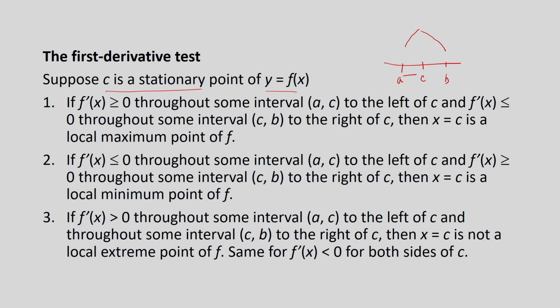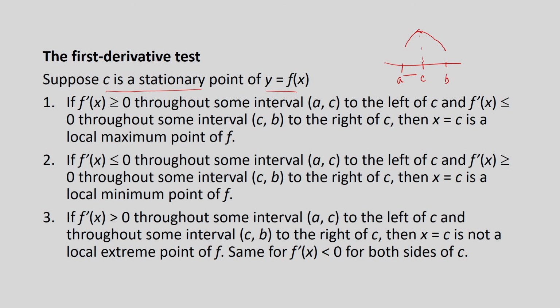Then x is equal to c is a local maximum point of f, right. So, this is the intuition. At this point the derivative is equal to 0, to the left the derivative is non-negative, to the right the derivative is non-positive, and that will guarantee that at c you have a local maximum. You have to basically find some interval around c which satisfies this condition.